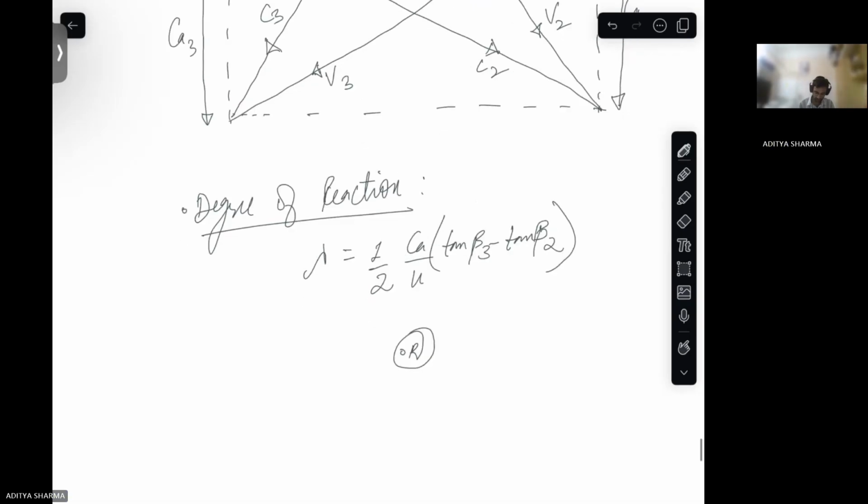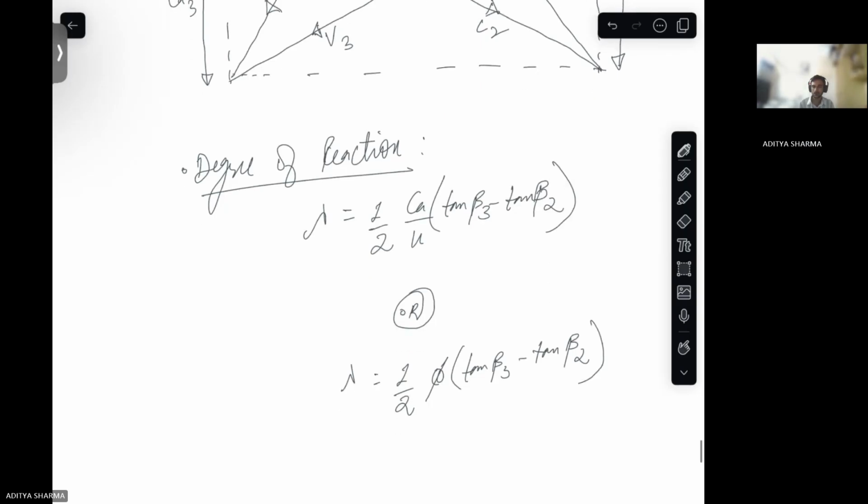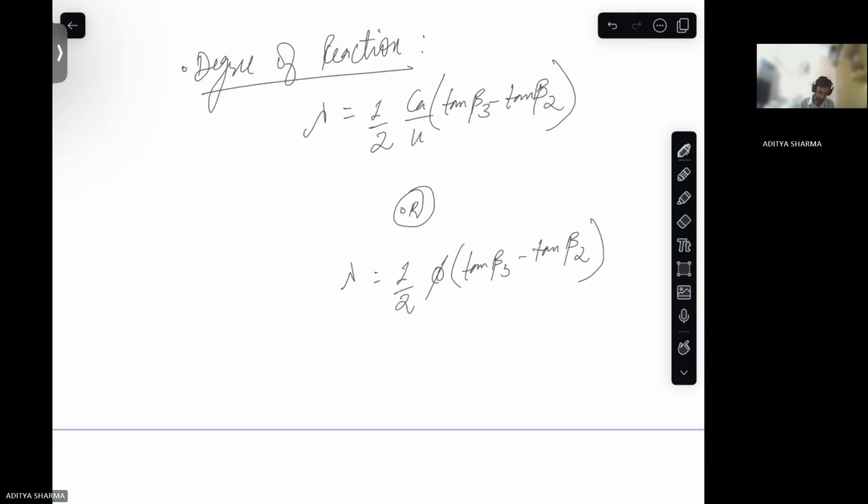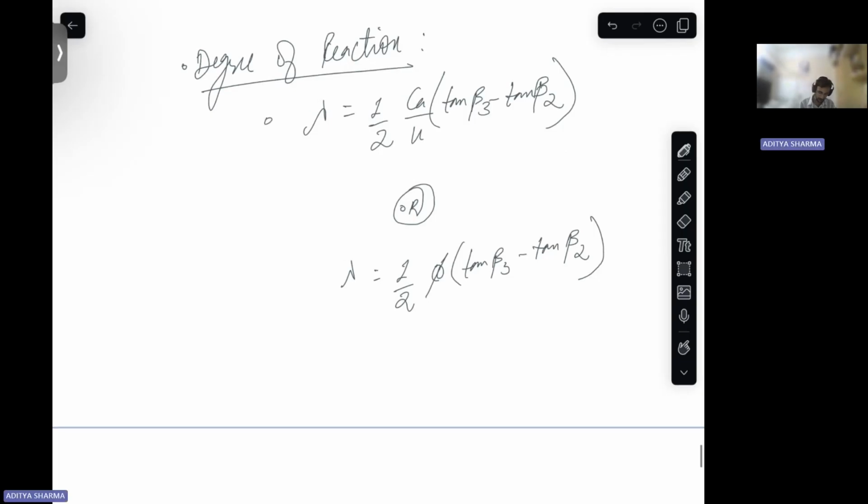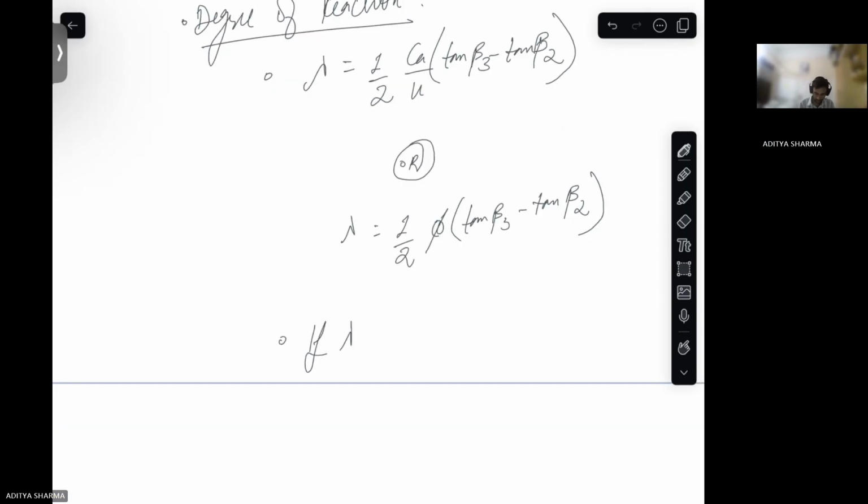Or lambda is equal to half of phi, which is the flow coefficient, times (tan beta 3 minus tan beta 2). And if lambda is equal to half, in that case, your beta 2 is equal to alpha 3 and alpha 2 is equal to beta 3.